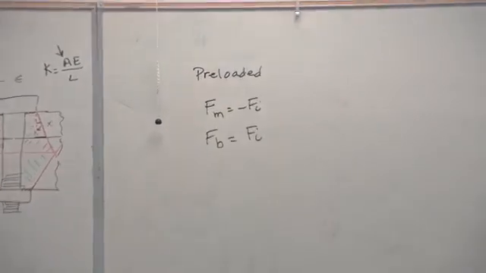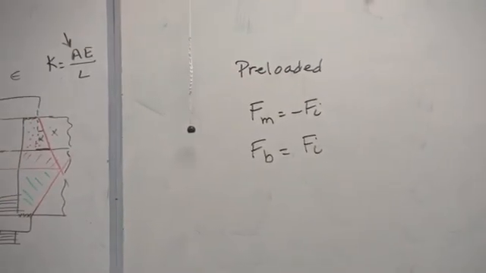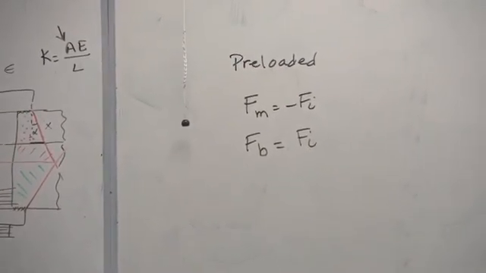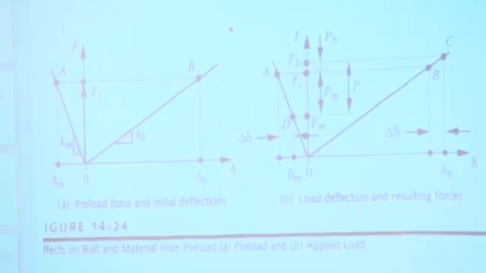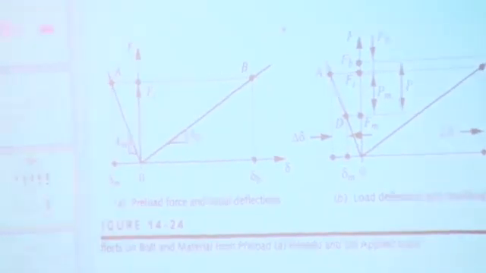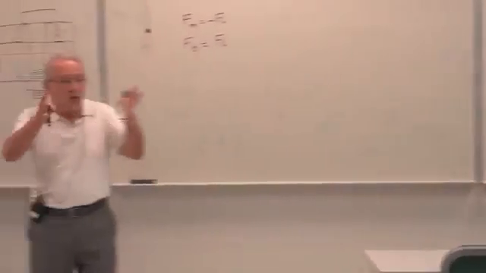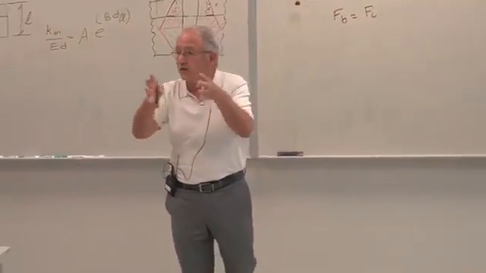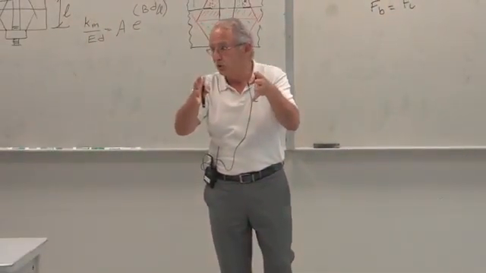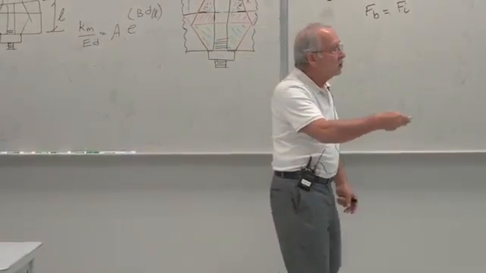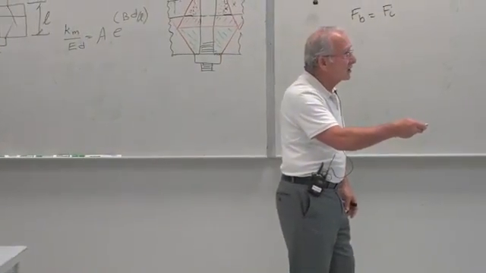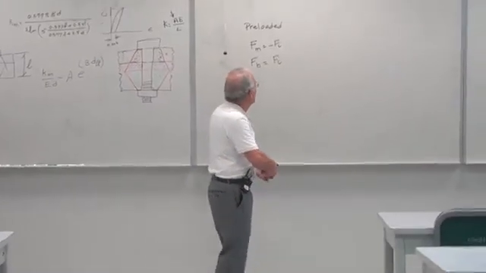One is tension, one is compression. That's when we are over here on the left-hand side on that graph. That's the force in the two, and that's what we get. When we apply an external load, we change the length of the member or the bolt by an amount equal to this delta delta. It's the same for both of them.